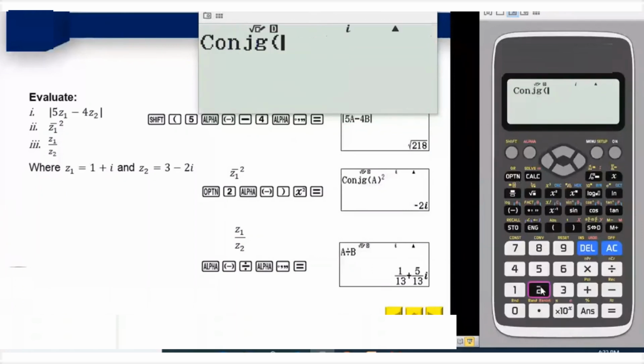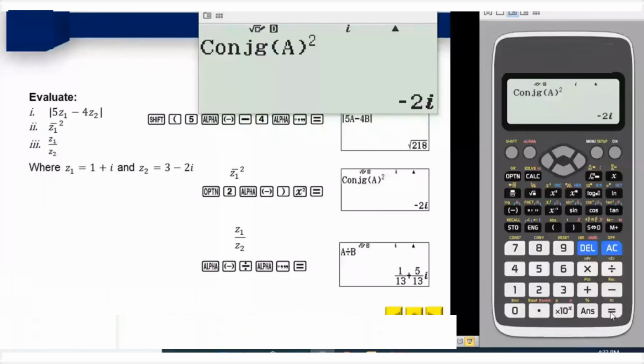I will go to 2. Conjugate of what? Z1. Z1 is A. So I will press alpha A. I will close the bracket and it is square, so I will press square. So I need the square of conjugate A. So it is minus 2 iota. I hope everyone is following me.